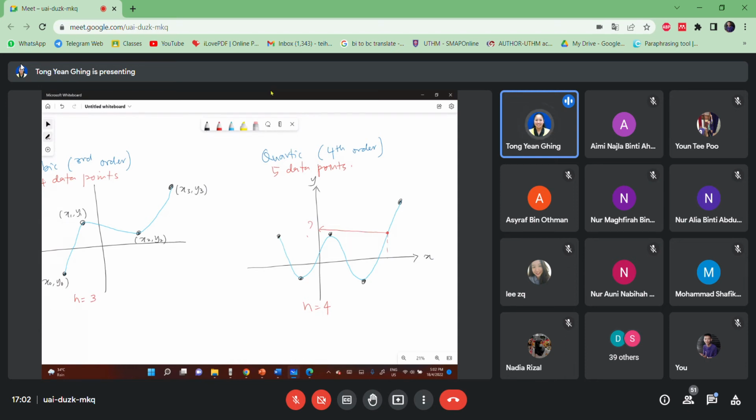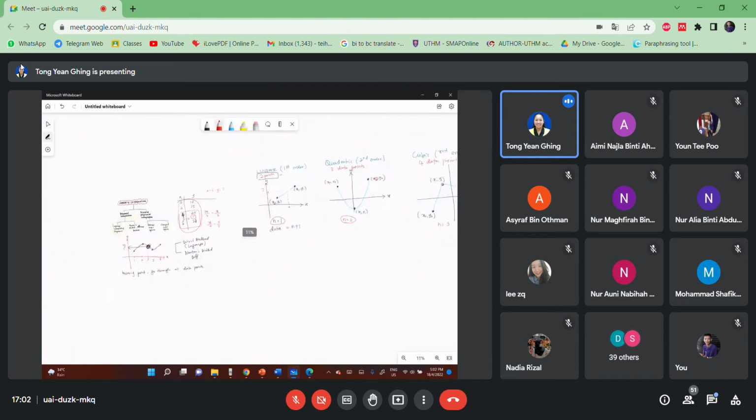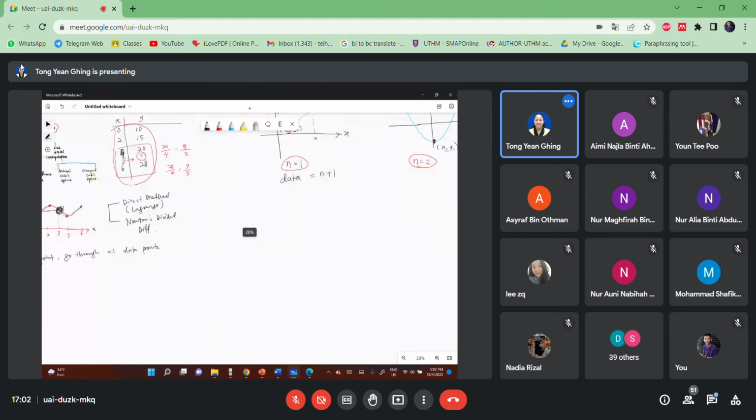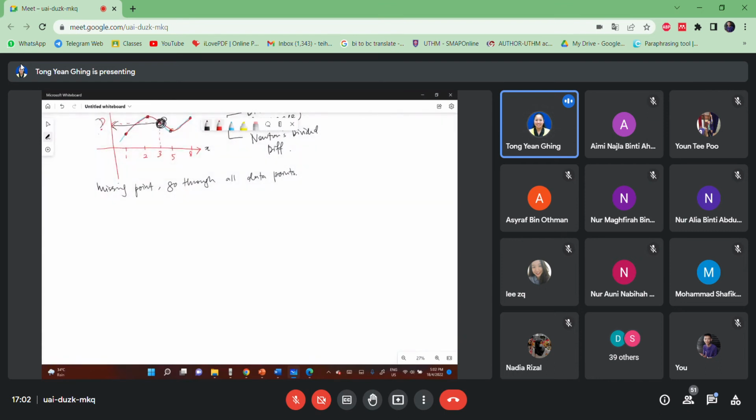So if following Lagrange interpolation, when we have this one, I will explain Lagrange interpolation, Lagrange's meaning. Go back to this one. I write the Lagrange interpolation.